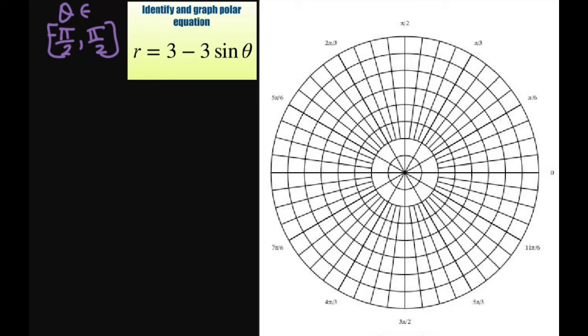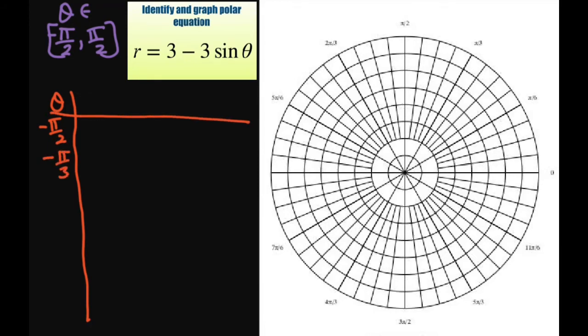So we start with theta, going from negative pi divided by 2 to pi divided by 2. Just write down your angles as you go around the unit circle. Pi divided by 6. I did better this time with the spacing.